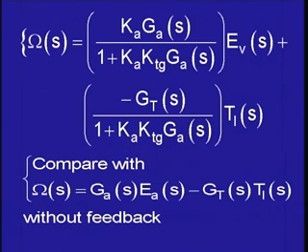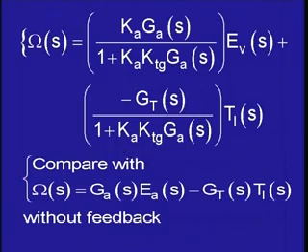Therefore, I have GT divided by a number greater than 1. Earlier I had just GT. So, the effect of the load torque will be reduced, and will be reduced by what factor? By this factor 1 plus KA K tacho generator GA.